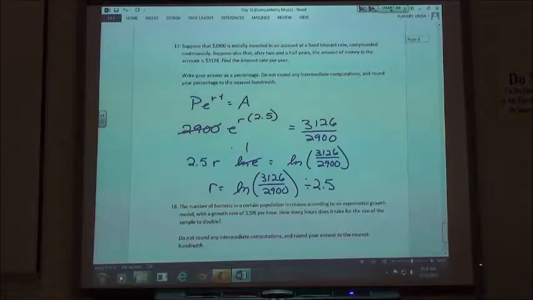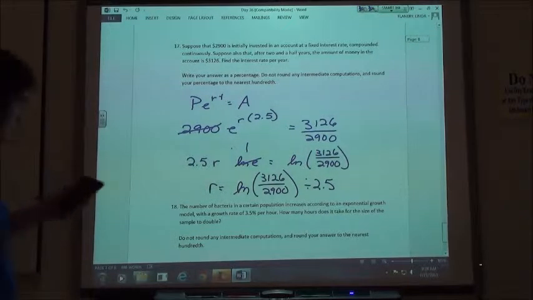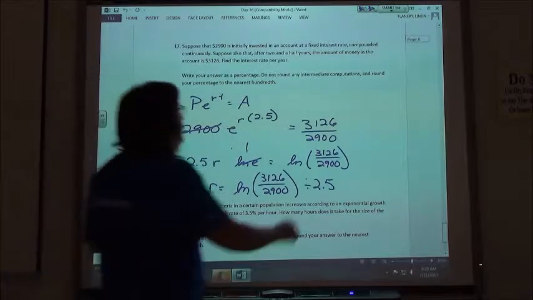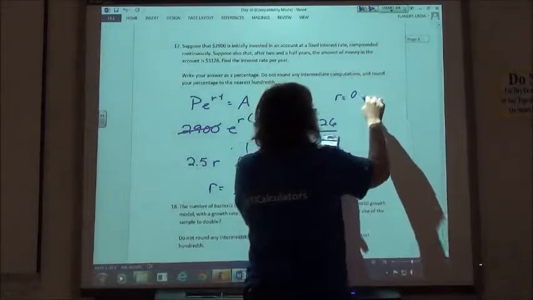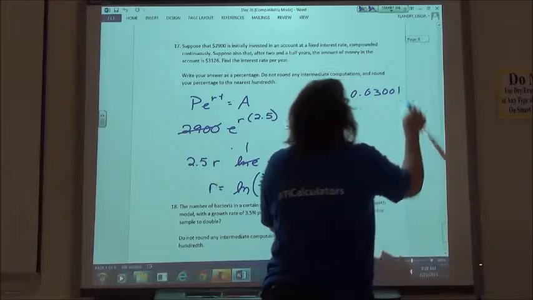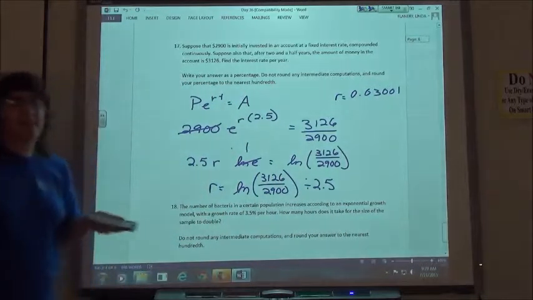And we are rounding my percentage to the nearest hundredth. So first of all, what are we getting on our calculator? 0.03. I'm going to carry it out just a little farther because we have a decimal number.